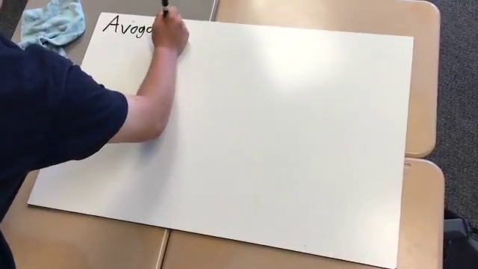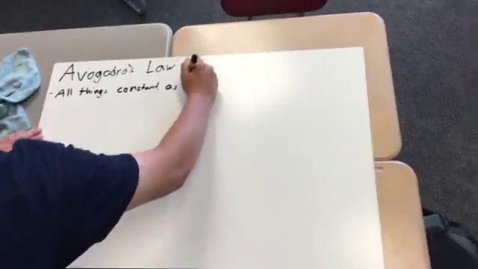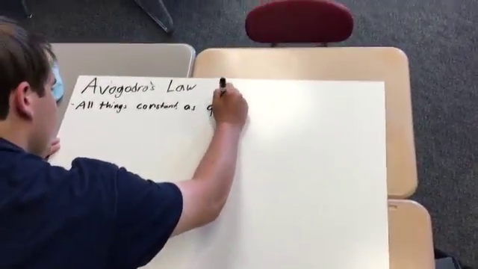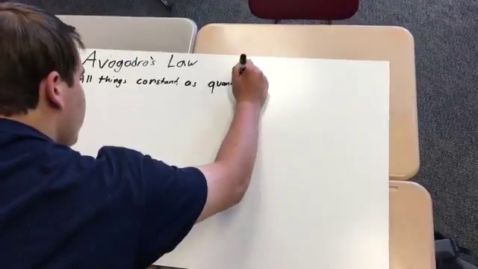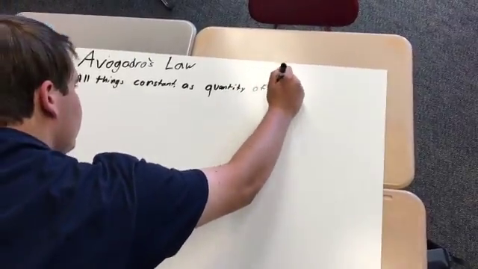The third and final law is Avogadro's law. Avogadro's law basically states that as you increase the number of moles of gas in a container, the volume should increase as long as all other things are constant.